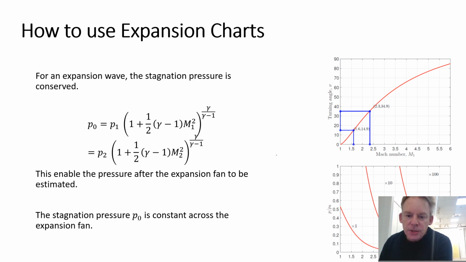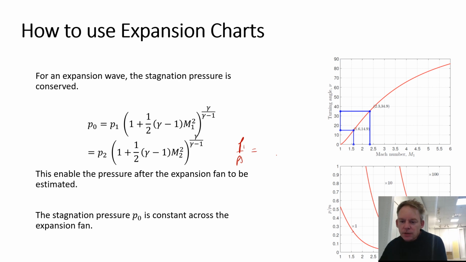For expansion fans, as we said, the flows are isentropic, so P over P naught is given as a function of M. It's constant across the fan itself, and we need to make use of that when we do our calculations. So if you do your calculations here, you know what P1 over P naught is going to be, in which case that was 1.6.